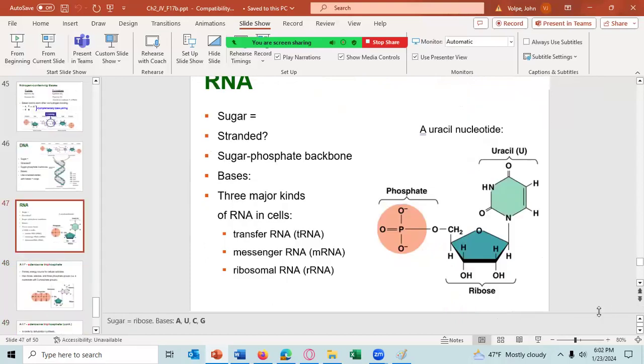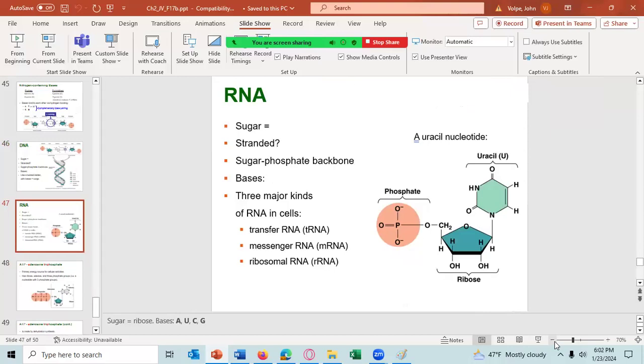All right, let's talk a little bit about RNA. RNA has the sugar ribose. RNA is only a single-stranded molecule, at least in our cells. In our cells, we essentially only see single-strand RNA molecules unless you have a viral infection, and we'll talk about that when we talk about viruses.